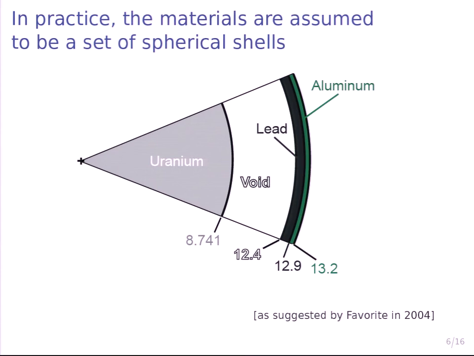And the uranium is emitting gamma rays, which get scattered through the lead and aluminum and shielded through the lead and aluminum. And the idea is if you stick a detector somewhere right here, could you, without being able to look inside, determine what these measurement values are, which those radial locations are?